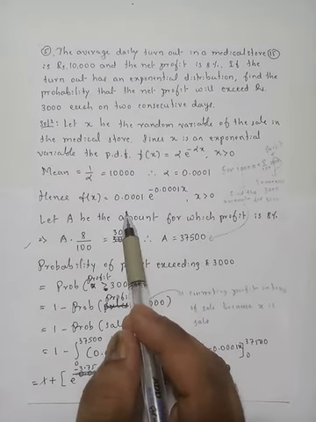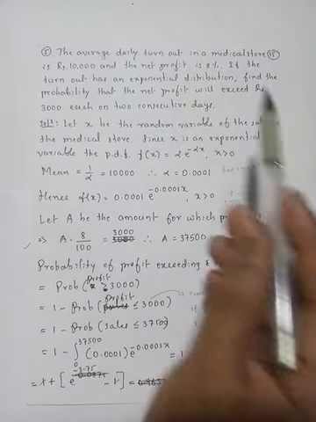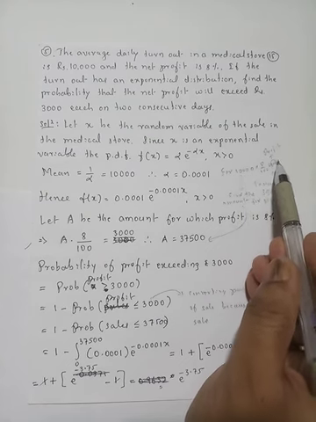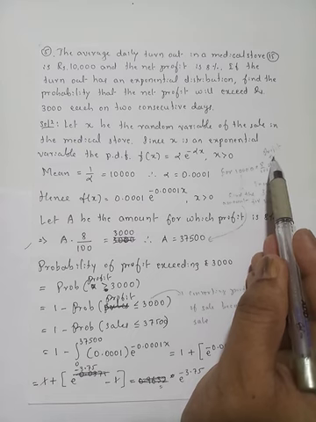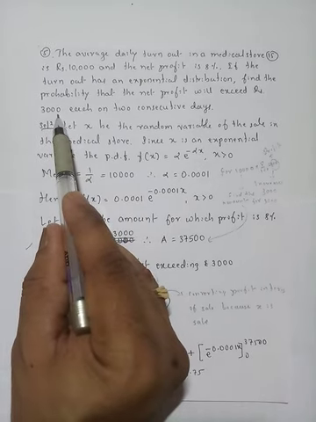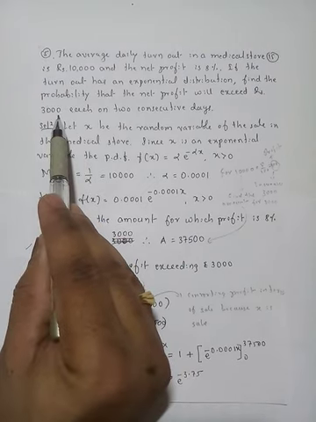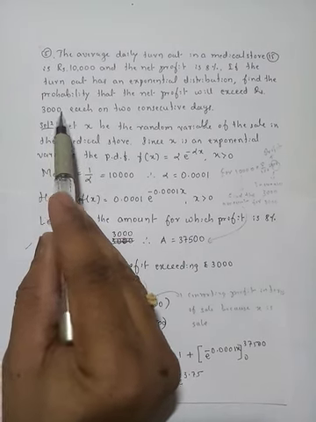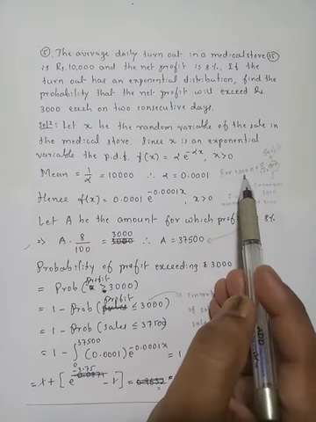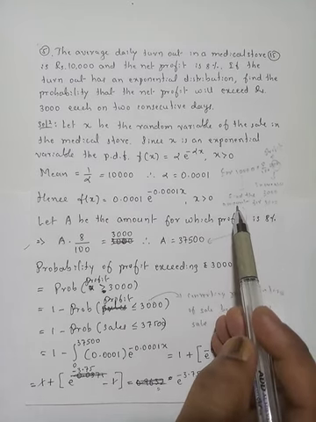First we have to calculate: for 10,000, 8% net profit means 800. Now 3000 is the net profit. For 800 net profit the amount is 10,000. For 3000 net profit, what is the amount we have to find out first?